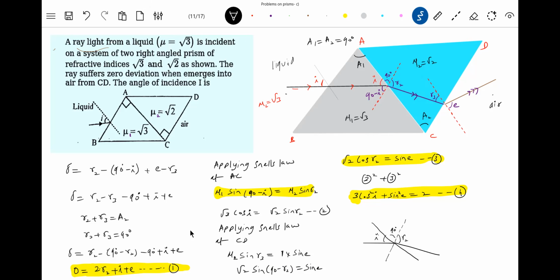This is I. So I want you to extend. This total is R2 and this angle is 90 minus R. What can be this angle? So call this alpha.